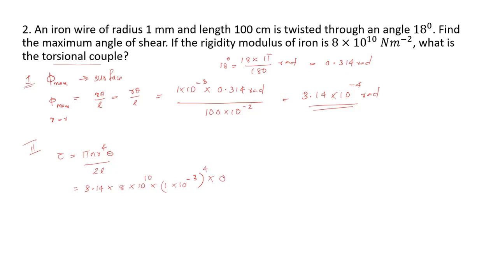Theta is 0.314 divided by 2 into length, which is 100 centimeter, so 10 to the power negative 2 meter. And we can solve this as 3.8 into 10 to the power negative 2 Newton meter. And this is the torsional couple experienced by this structural element.